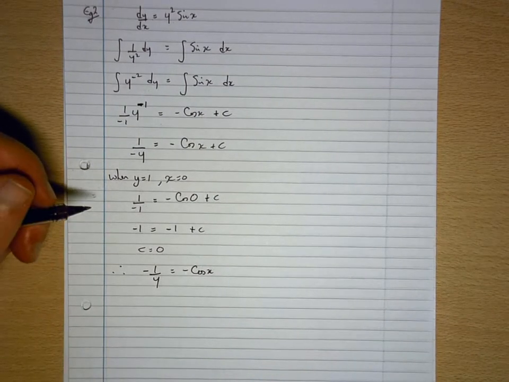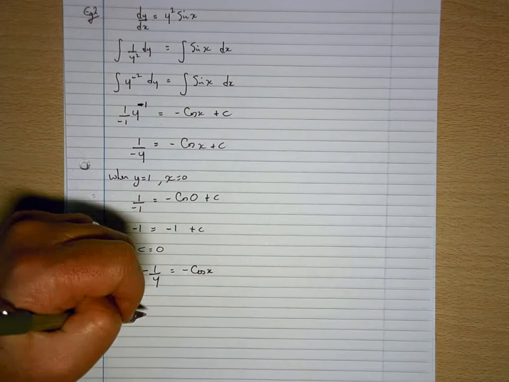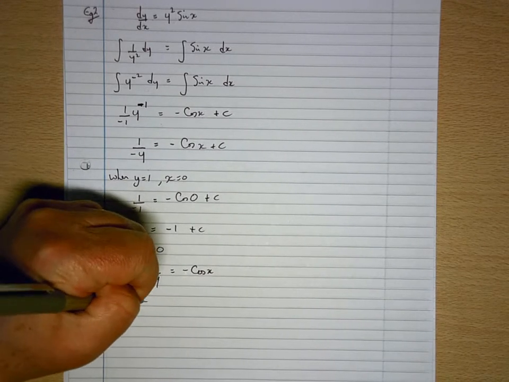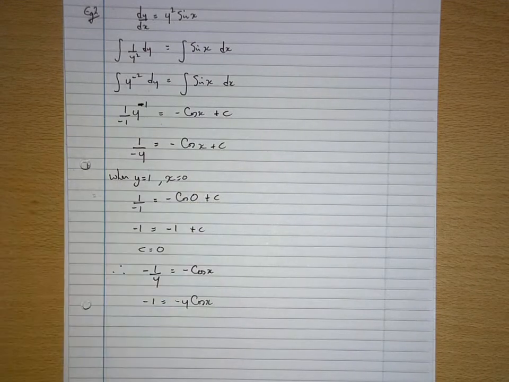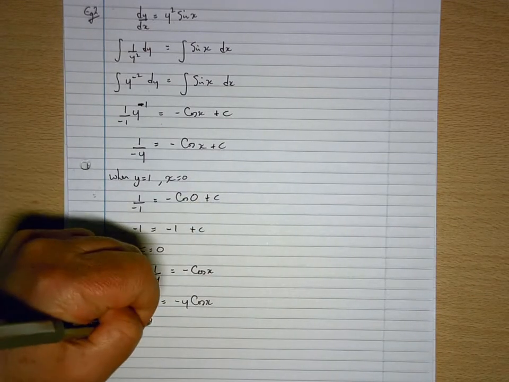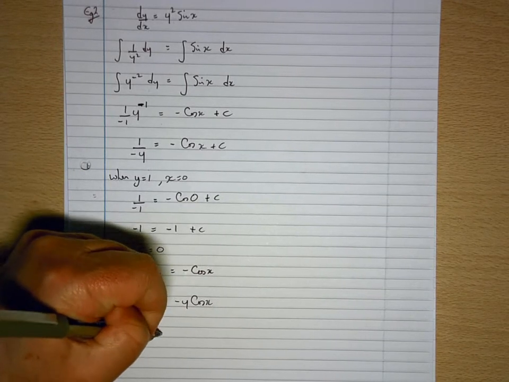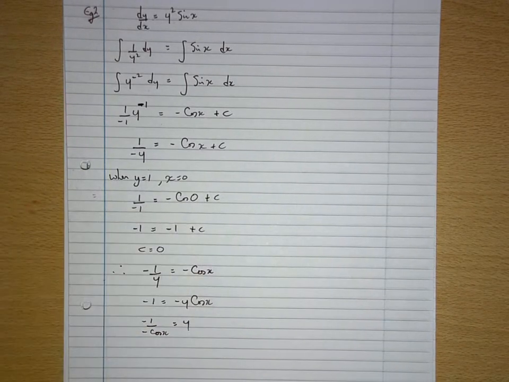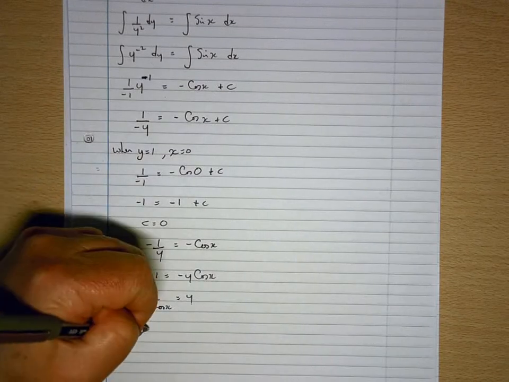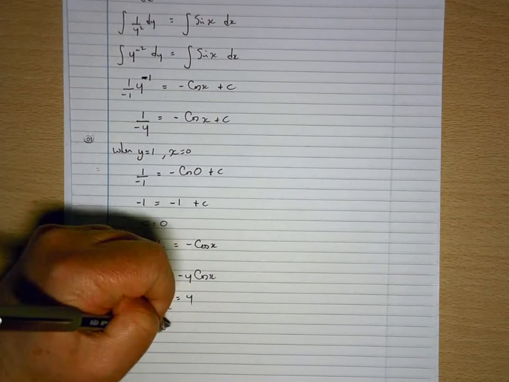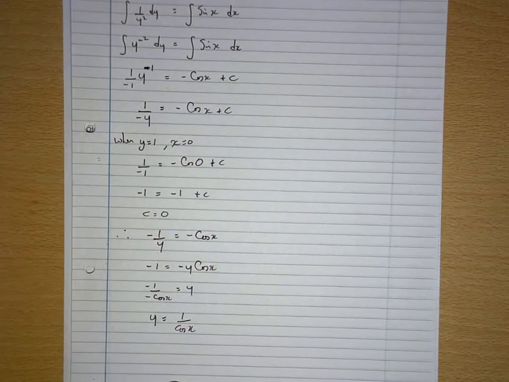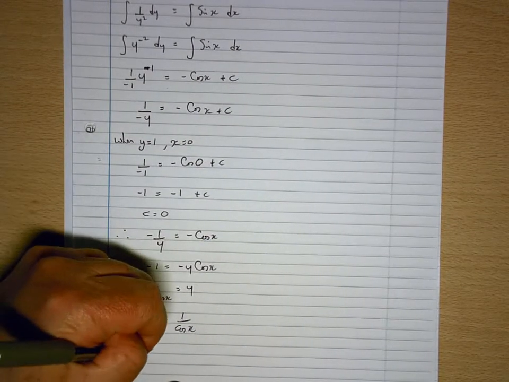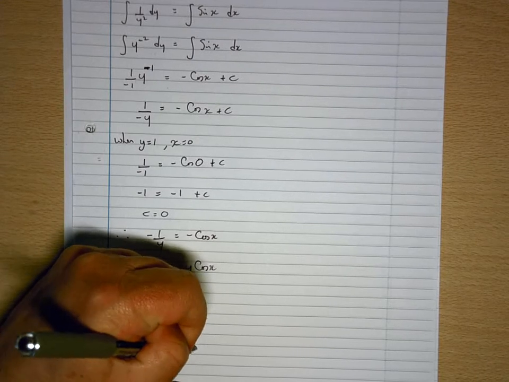I don't want to lose you, so how about if I go -1 equals minus y cos x, -1 over minus cos x equals y, y equals 1 over cos x, minus divided by minus is a plus, and 1 over cos is sec.